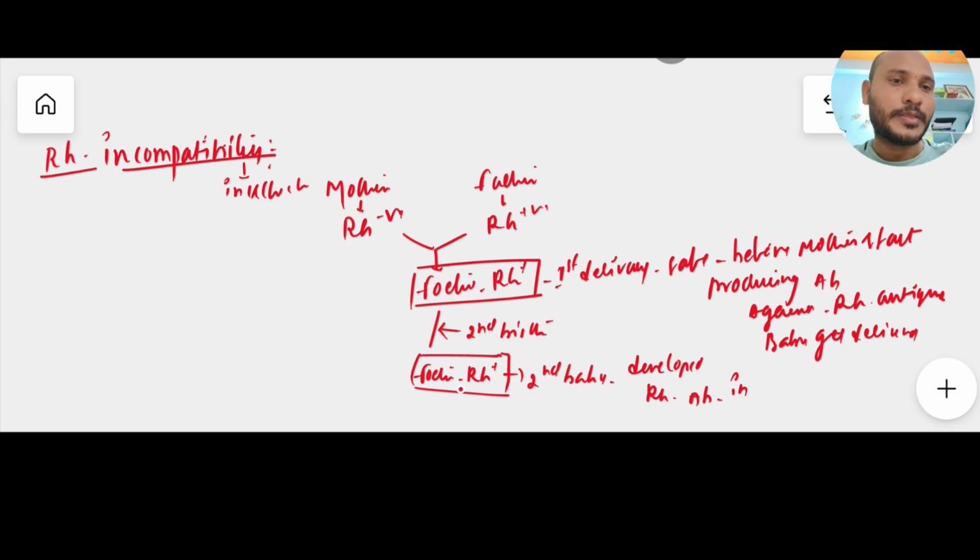Here, if the second birth is an Rh positive fetus, then the mother has already developed Rh antibody due to the first pregnancy, and it killed the Rh positive baby of the second pregnancy.